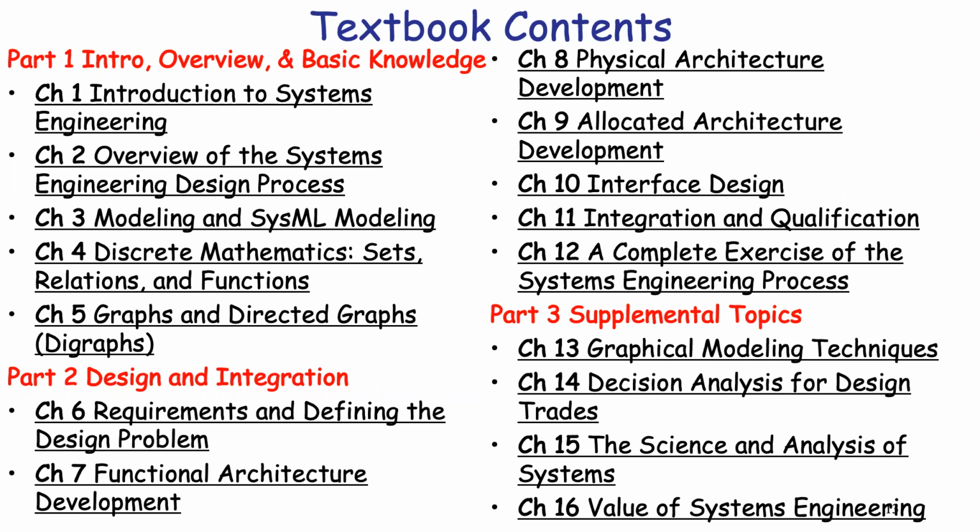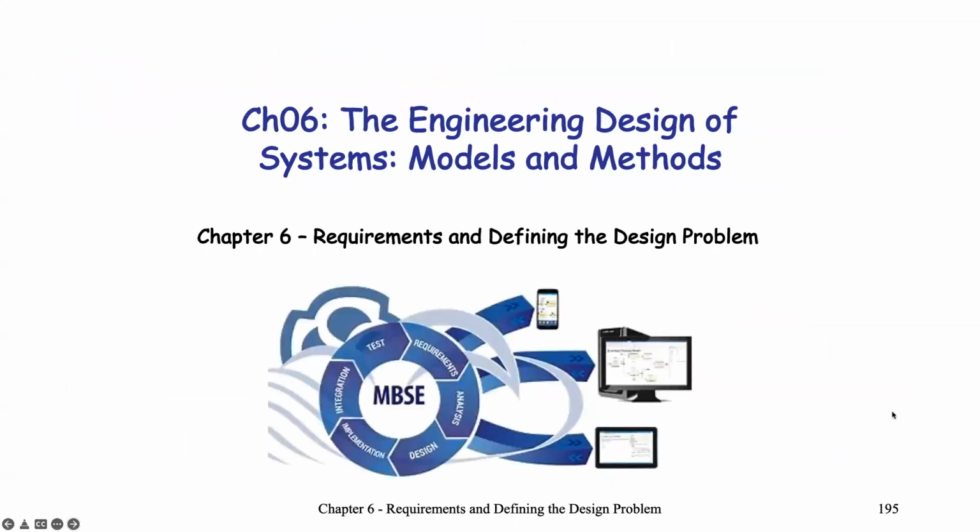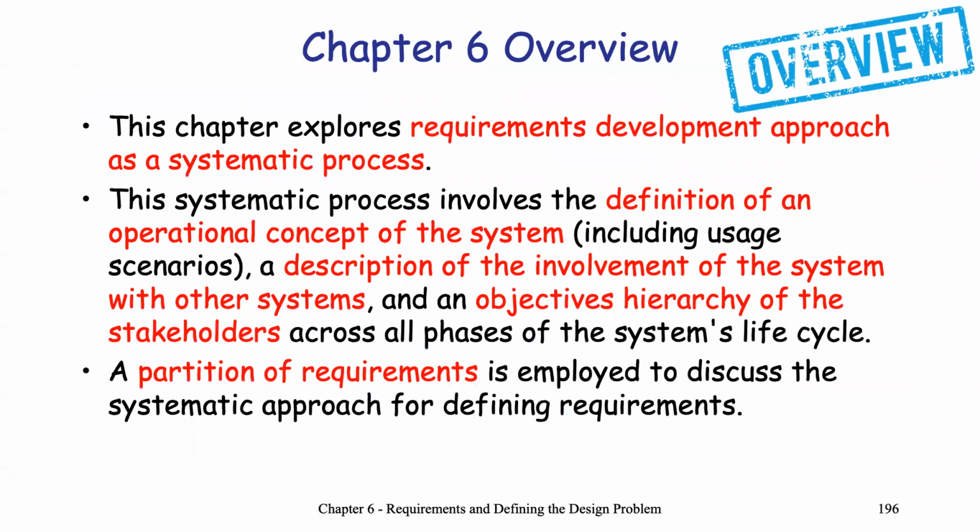There's going to be a logical flow of going through the life cycle of how we do system engineering development. This first lecture is going to be on requirements and defining the design problem. In terms of an overview, this chapter will explore requirements development as a systematic process.